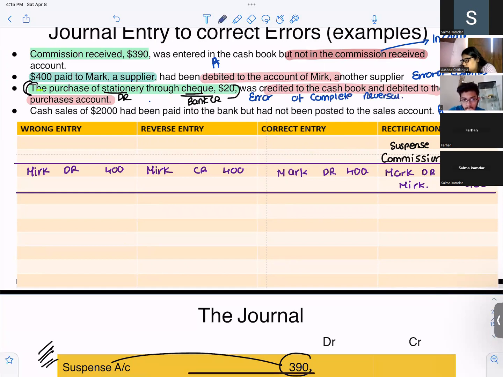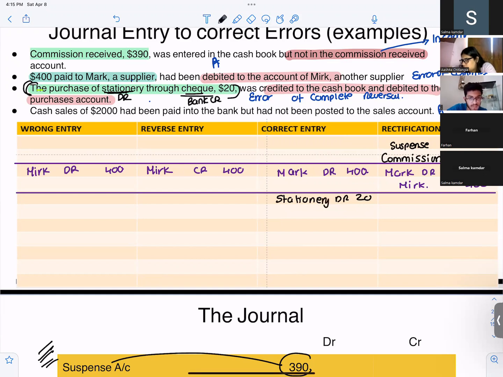Now first give me the correct entry. Stationery debit, and bank will be credit. Money is going out. Without involvement of cash or credit, there can be no transaction. What is the wrong that you did? It was credited to cash book, and that means this part was done correctly, so I will not do that part.